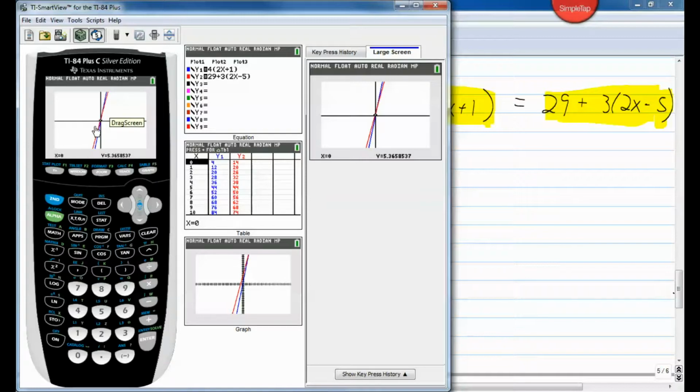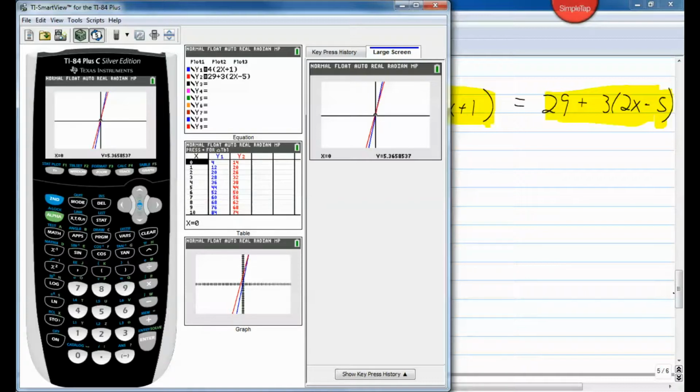If I look at where they intersect, it's kind of hard to see right here, but if we look at this table where they have the same y value, that's where they intersect. It's right around here, where y equals 44. Look what x equals, 5. And that's the answer that we got, x equals 5.